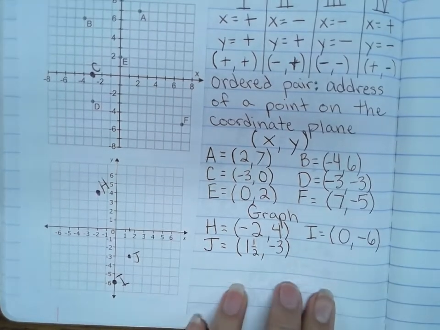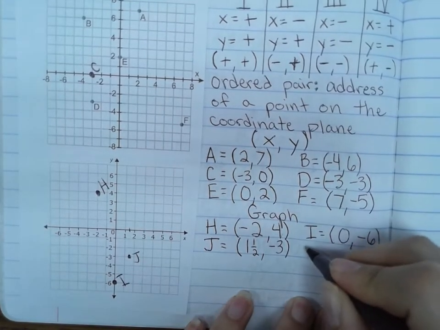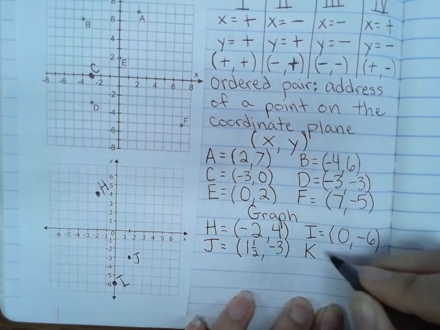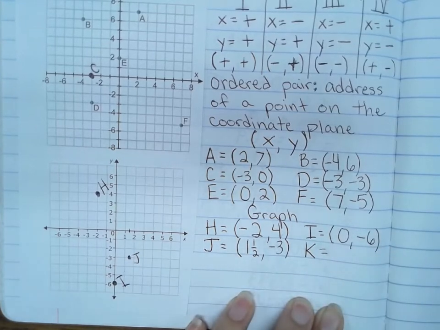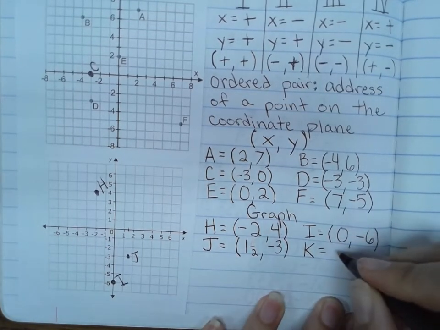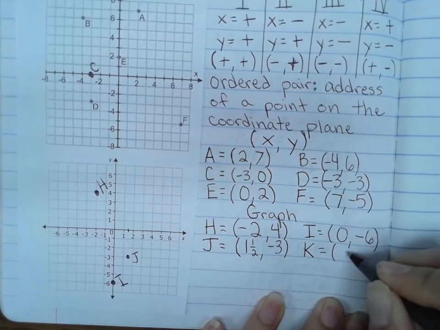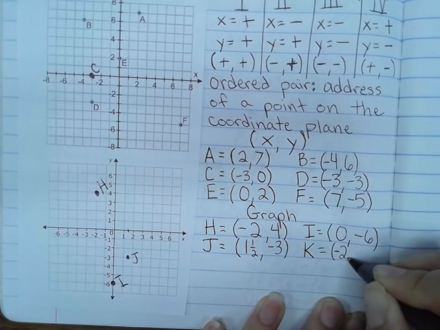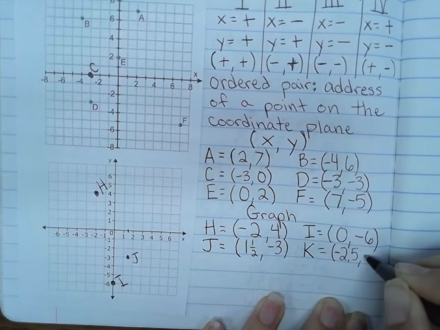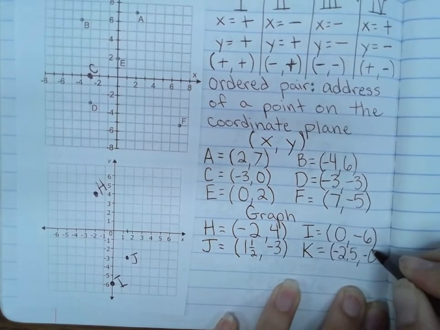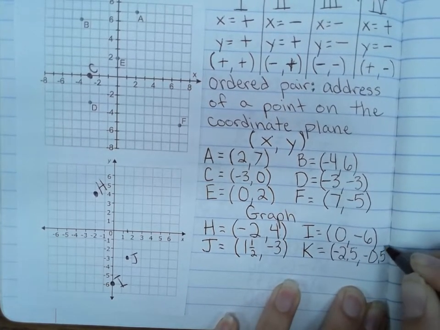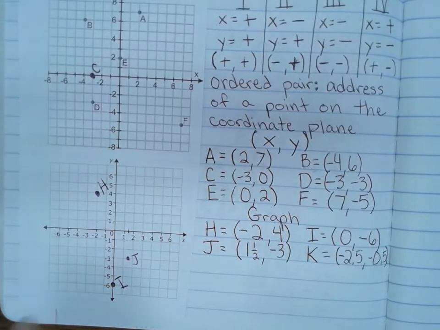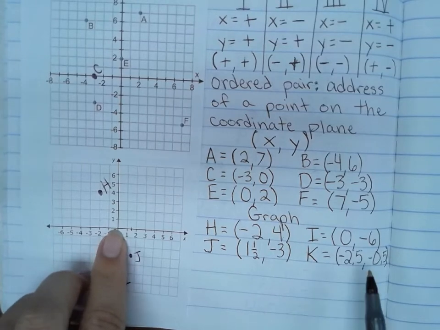Okay, one more. Let's do K. And I want you to put it at negative 2.5 and negative 0.5. Remember, always horizontal first.